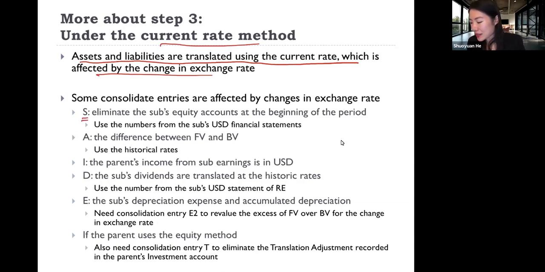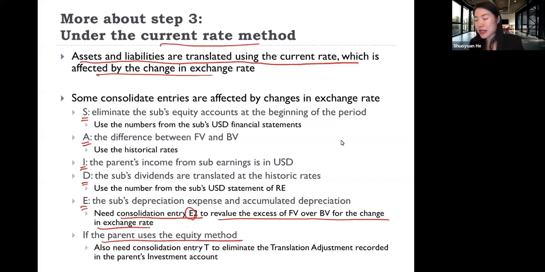But for S, A, and D, we're still doing the same. Until the E entry, we need consolidation entry E2 to revalue the excess of fair value over book value for the changing exchange rate. What do we mean by this? When we look at the example, I will talk more about this.